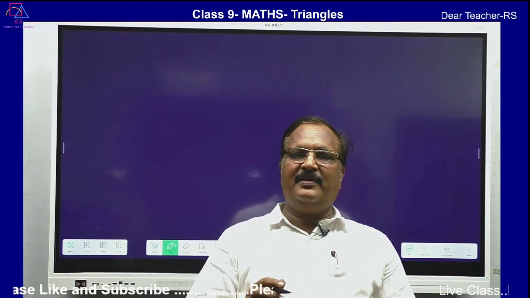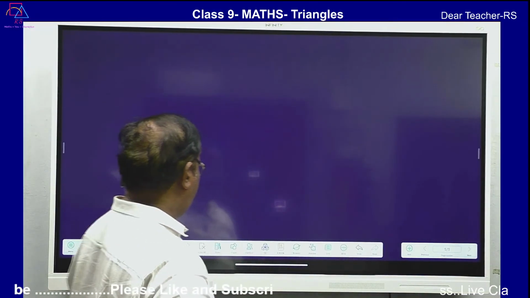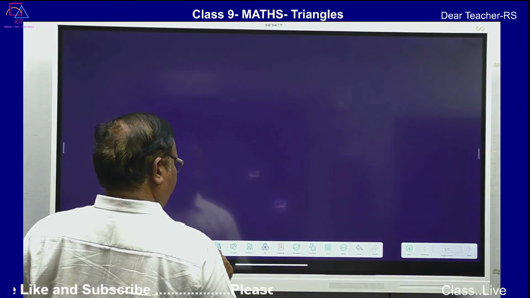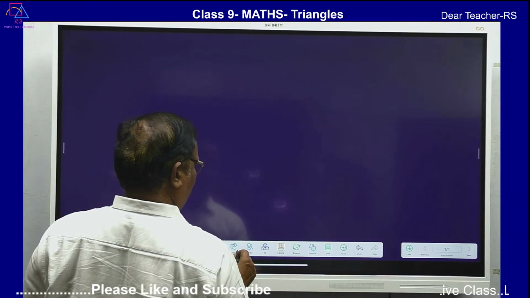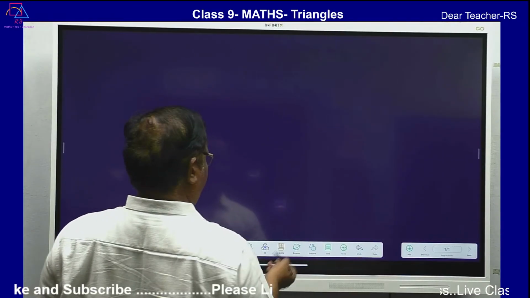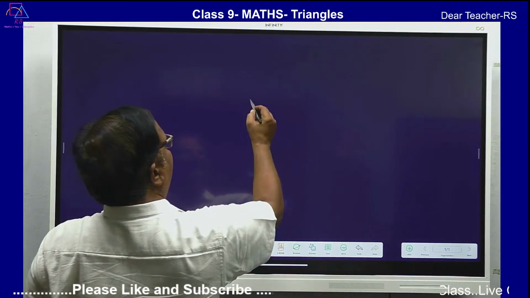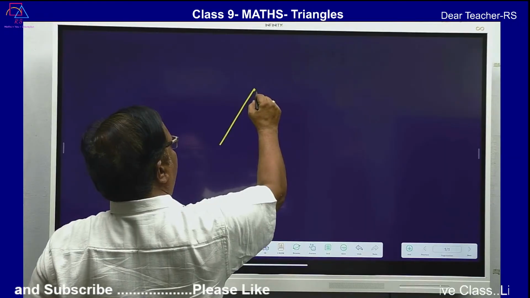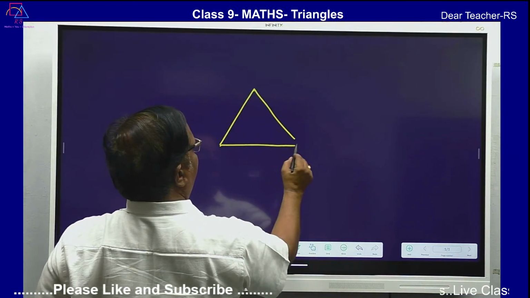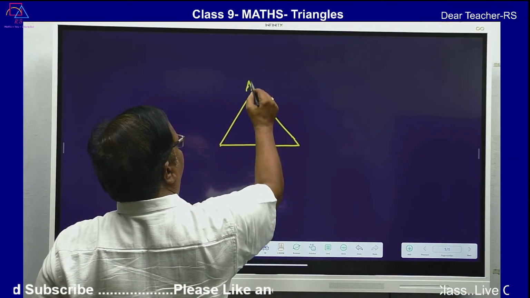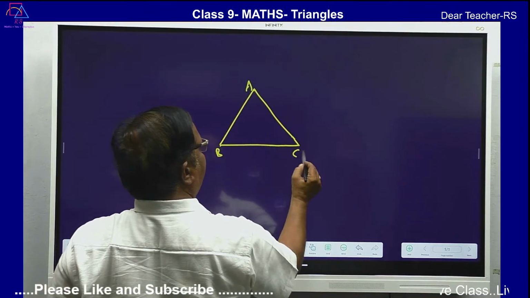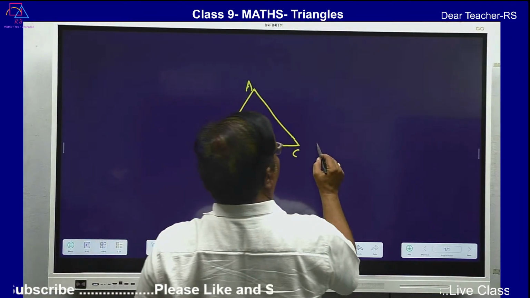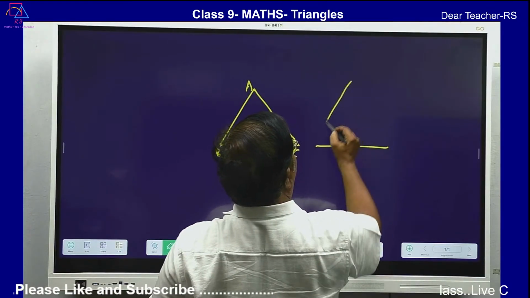Let us take congruent triangles. So let me take two triangles. Instead of taking a ready shape, I will take my own triangle. This is one triangle. Let me name it. Figures without names are dangerous. This is another triangle.